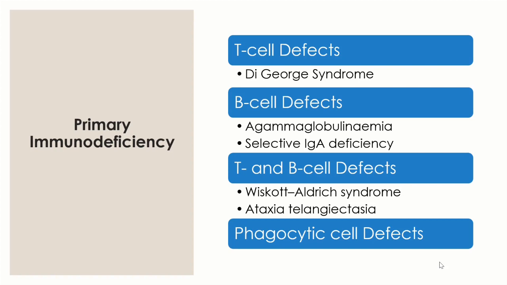An example is the DiGeorge syndrome. Secondly, B cell defects. Examples are agammaglobulinemia and selective IgA deficiency. Thirdly, combined immunodeficiency diseases. Examples are Wiskott-Aldrich syndrome and ataxia-telangiectasia. Last but not least, the phagocytic cell defects are involving the neutrophils.